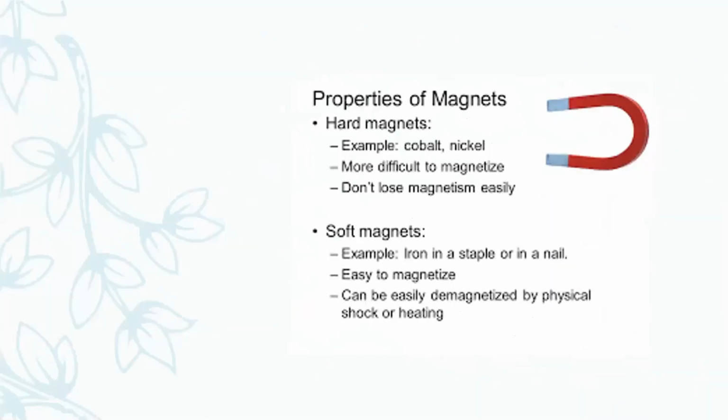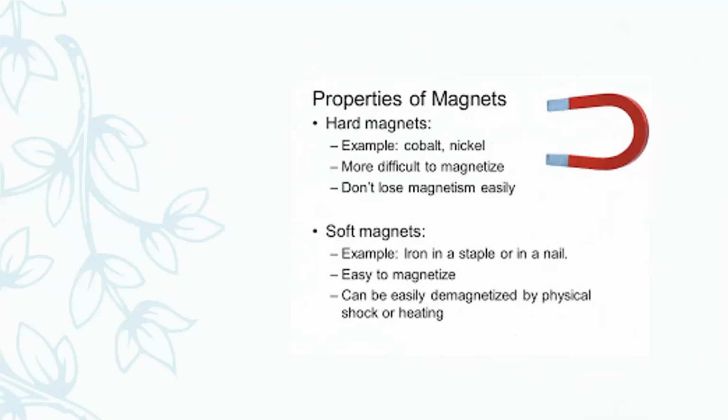Here are the properties of magnetic materials. Hard magnetic materials, for example cobalt and nickel, are more difficult to magnetize. Once they are magnetized, they don't lose their magnetism easily.